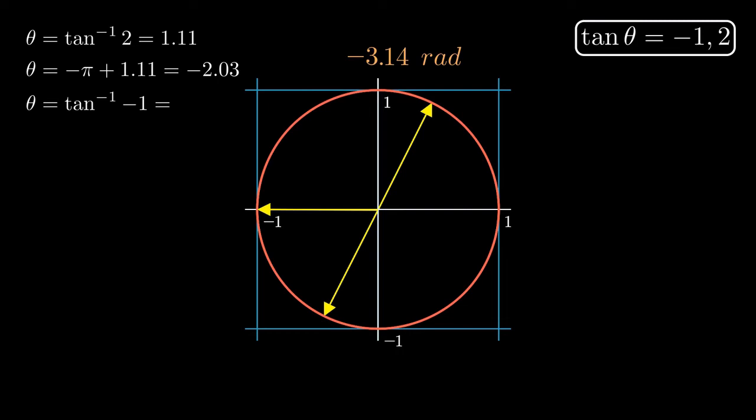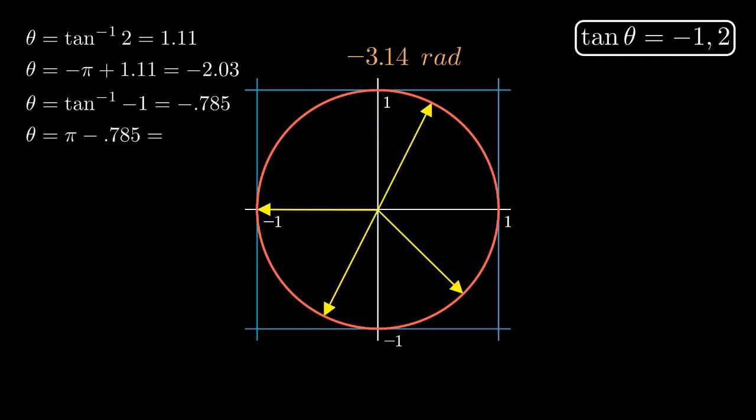Let's see what it looks like. We travel from negative pi to there. All right, it's negative 0.785 radians. And to get the final answer now, okay, would be the second quadrant.